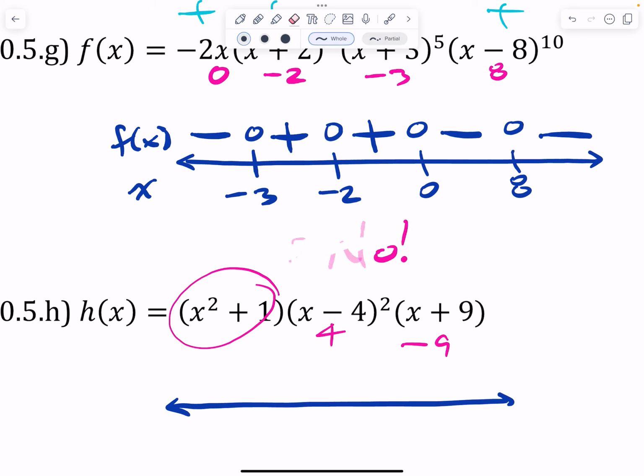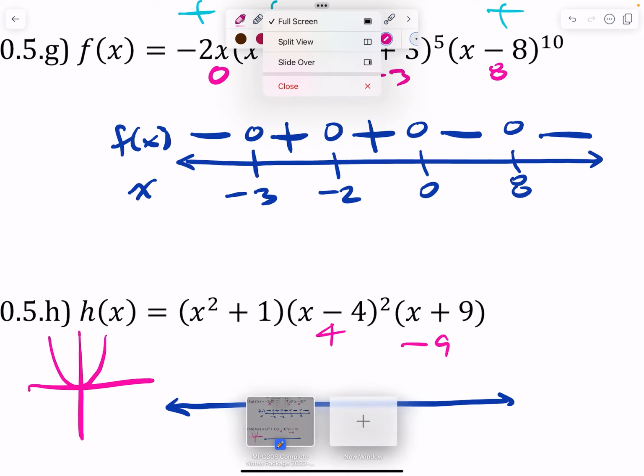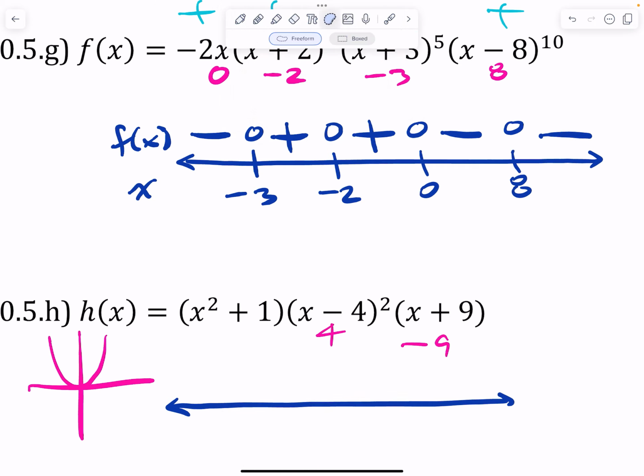You see, x squared plus 1 is more than x squared. If you think of it from transformations, you take your graph of x squared and move it up 1. So that thing is never 0. The graph of y equals x squared plus 1 does not have any x-intercepts. So that does not cause any critical values.